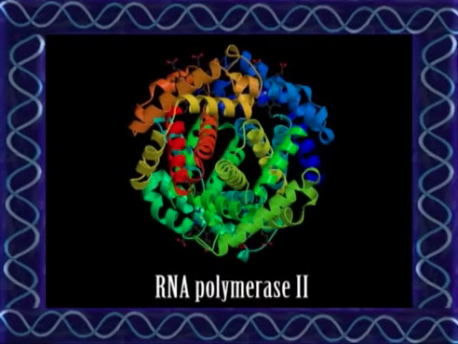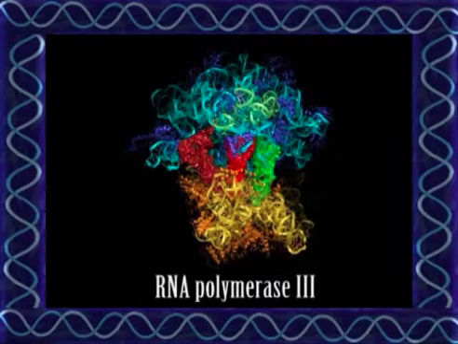RNA polymerase II, which occurs in the nucleoplasm, synthesizes the mRNA precursors, and RNA polymerase III, which also occurs in the nucleoplasm, synthesizes the precursors of 5S rRNA, the tRNA, and a variety of other small nuclear and cytosolic RNAs.